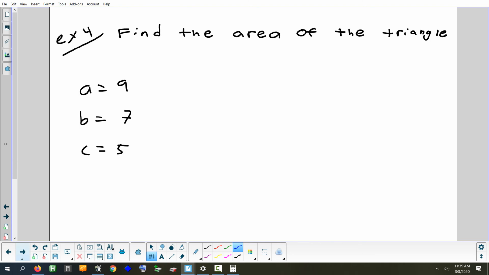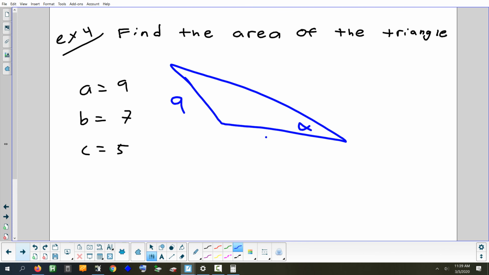Now, I'm going to do this one in a second, but I want to show you something first. If you draw this, why can't you use the formula we just did? You don't have an angle. Yeah, you don't have an angle. But what kind of triangle is that? It's side, side, side. So how could you find one of the angles?